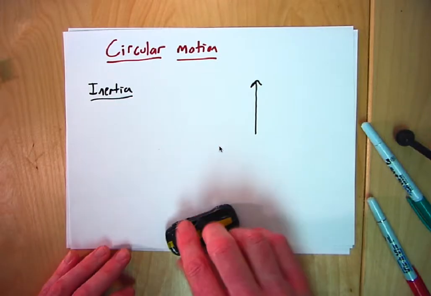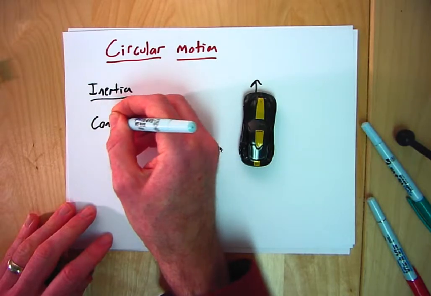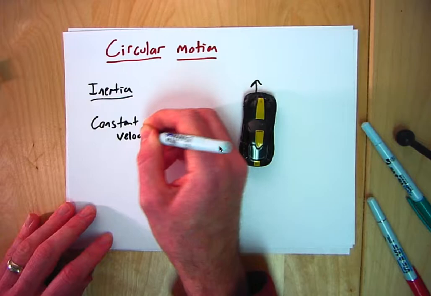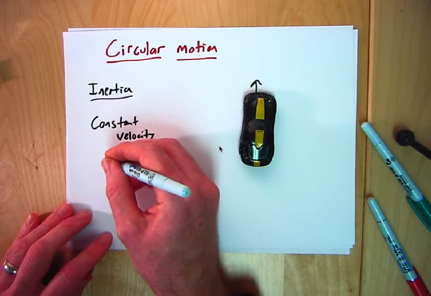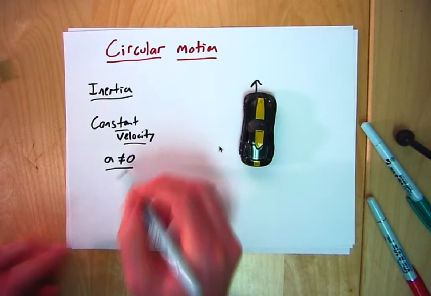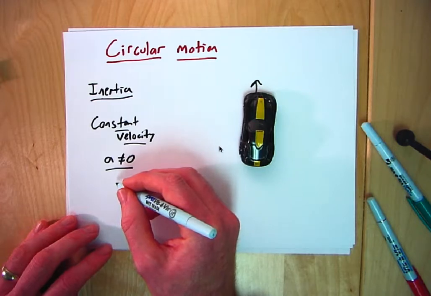It's a different, interesting kind of acceleration because you can actually be going at a constant speed and still have acceleration. So you can have a constant speed and a non-zero acceleration, which is strange to think about.